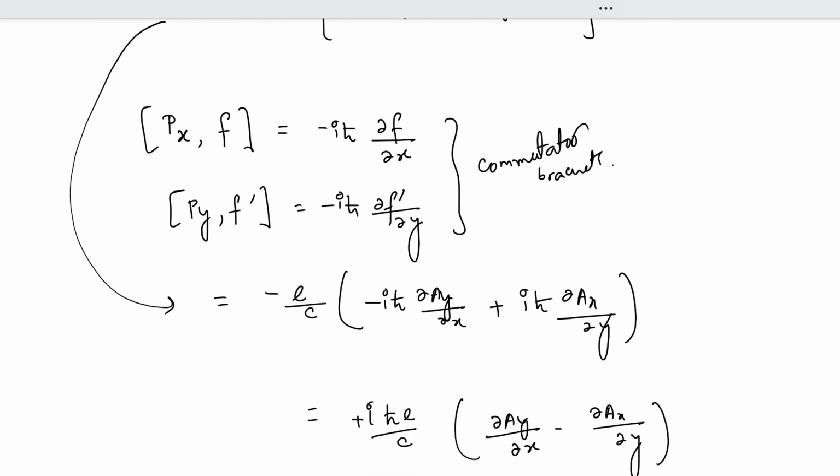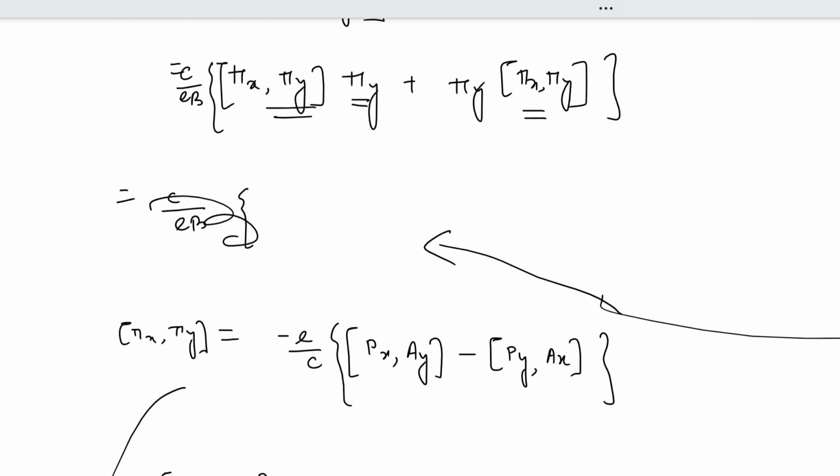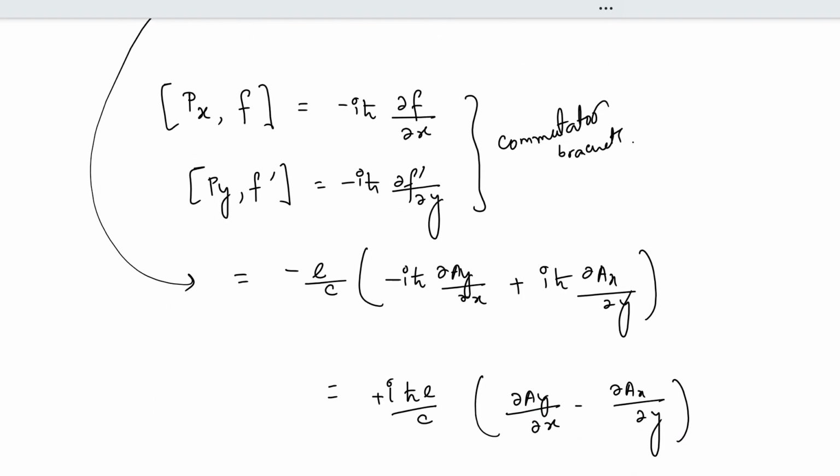So you are having i e h cut by c Bz. So thus you are getting this pi x pi y equal to i h cut by c Bz.